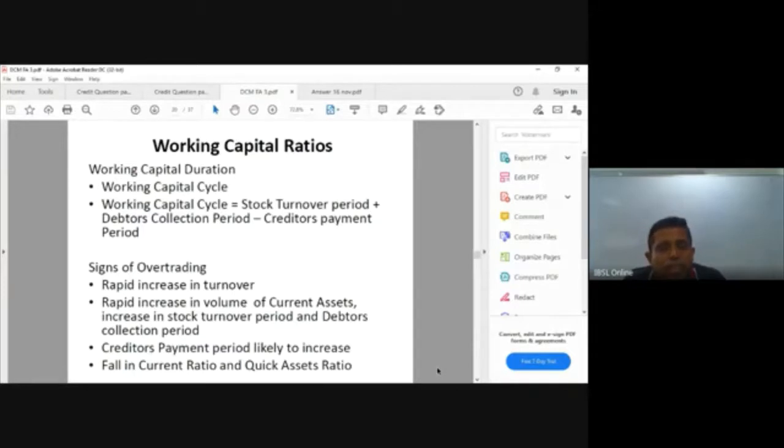Therefore, you have to realign and restructure your entire working capital process according to the size of your company. Don't ever unnecessarily increase your sales if you are not ready to do that, right? Again and again, if your sales are increasing, there may be signs of overtrading, right?